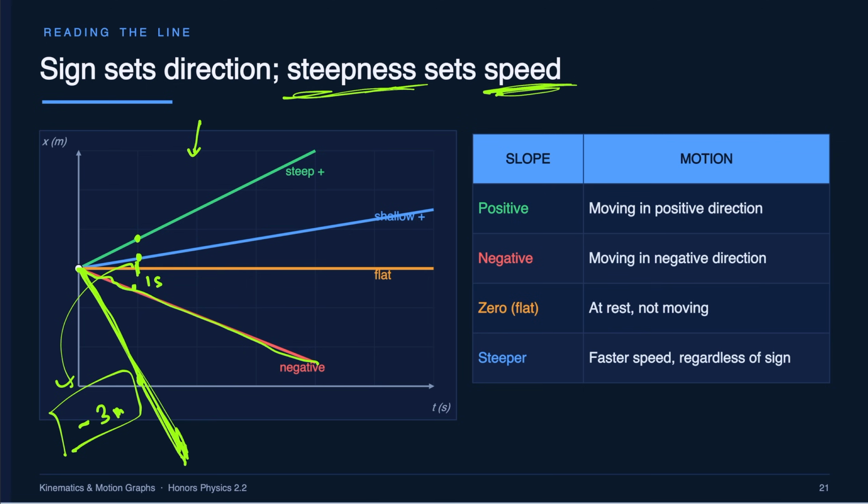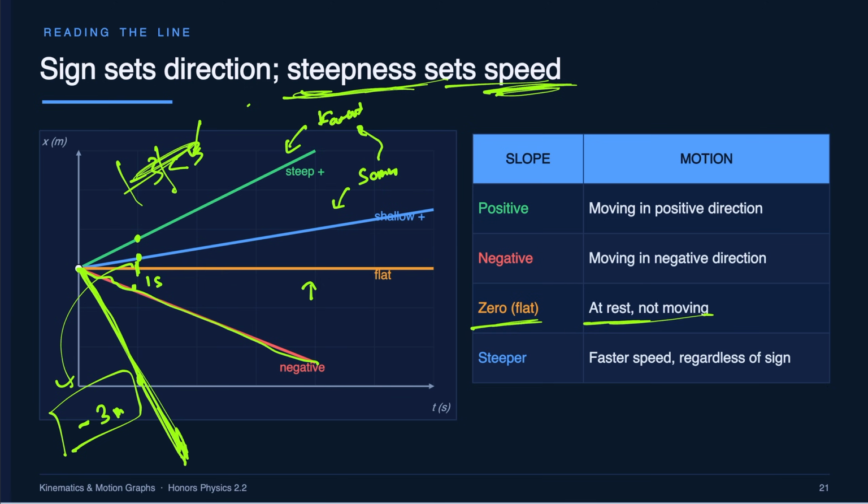But this is directly speed because it's magnitude, right? You can't say negative 3 is lesser than 3. We're looking at the absolute value, which is speed. So this graph would be the fastest. This one would be somewhat fast, not really as much as this one. And flat graphs, or zero graphs, mean it's at rest. It's not moving.